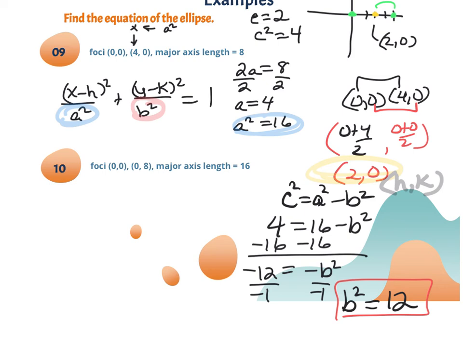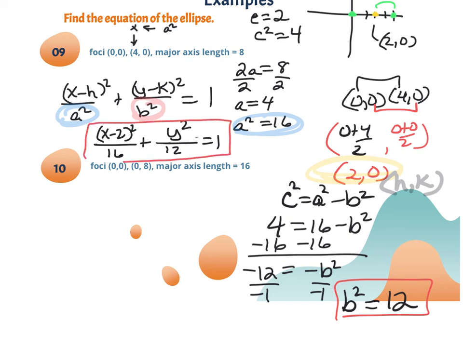So X minus 2 squared over 16 plus Y minus 0 squared over 12 equals 1. Again, I can simplify that Y minus 0 and just change this to a Y squared. And that's your standard form of this ellipse.